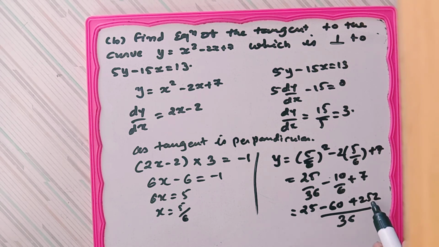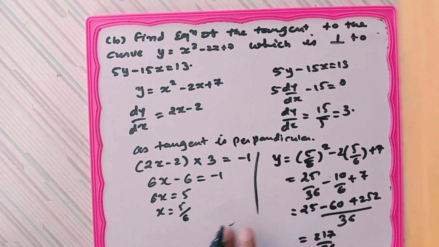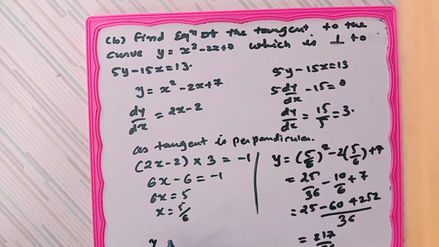And so 252 plus 25, 277, minus 60, 217 by 36. And so the required tangent will be y minus 217 by 36 equals 3 into x minus 5 by 6.